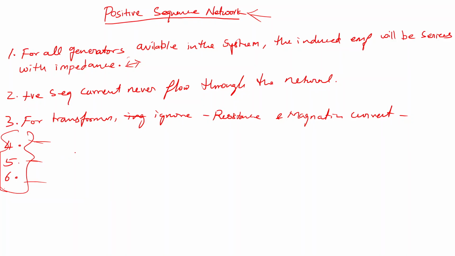Okay, next, the negative sequence network. Most of the negative sequence network can be drawn from the positive sequence network itself. Please understand.